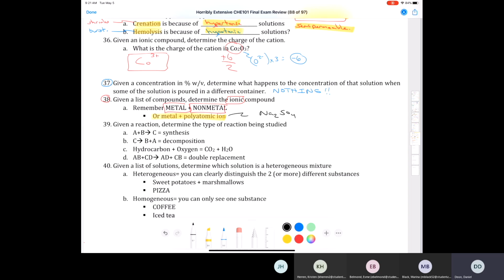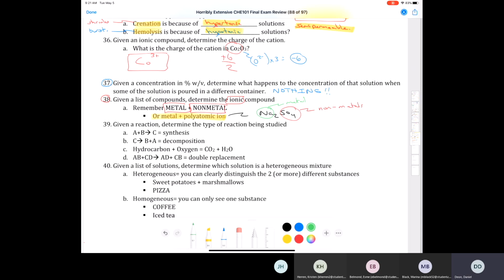Because sodium is a metal, but the sulfate polyatomic ion is made of nonmetals, because sulfur is a nonmetal and oxygen is a nonmetal. So that would be an example of an ionic compound made from a metal and a polyatomic ion.